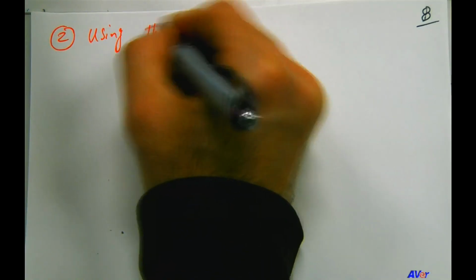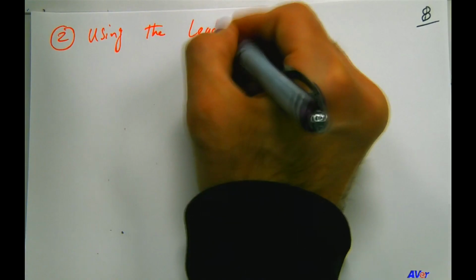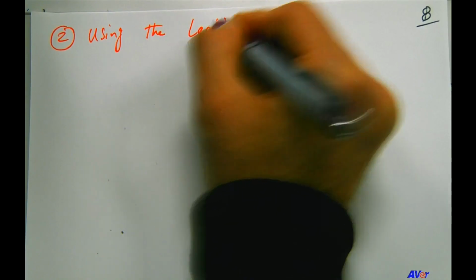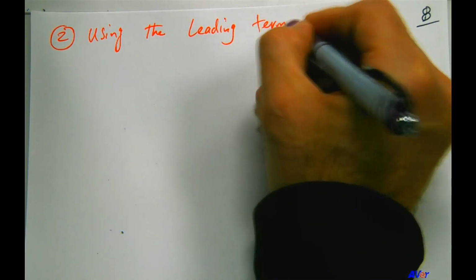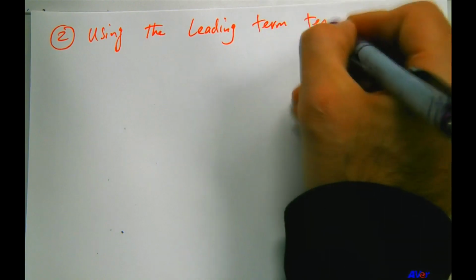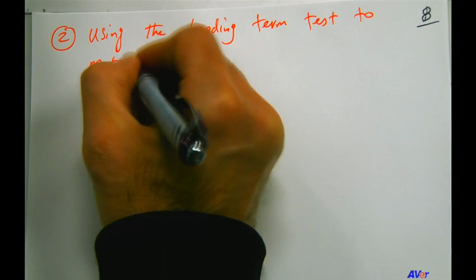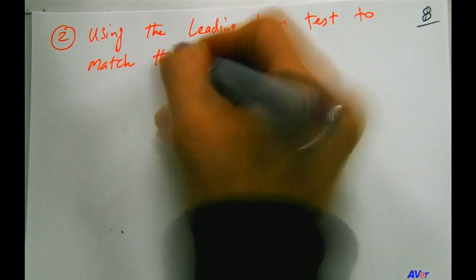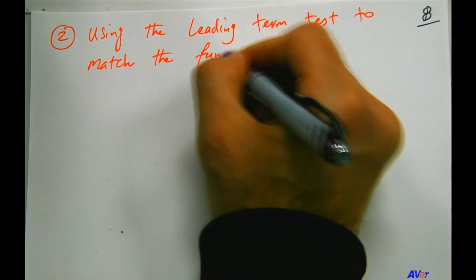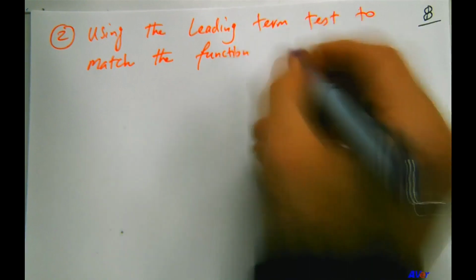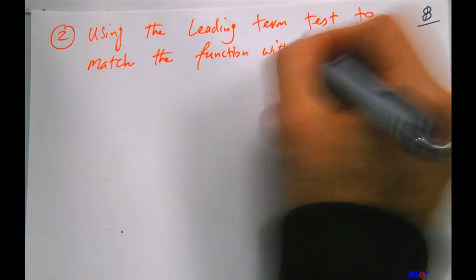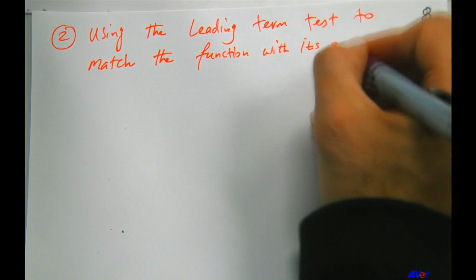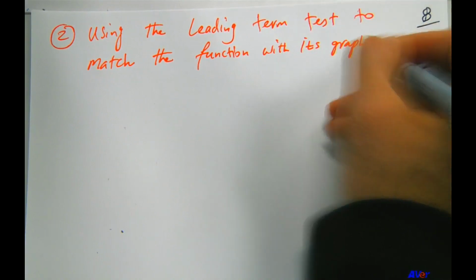And it's about using the leading term test to match the function with its graph.